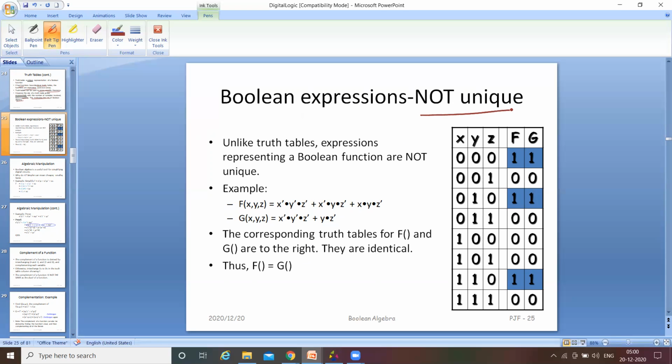Unlike truth tables, expressions representing a Boolean function are not unique. Example: consider the Boolean functions f and g. The corresponding truth tables of f and g are to the right. They are identical. Thus, f equals g.